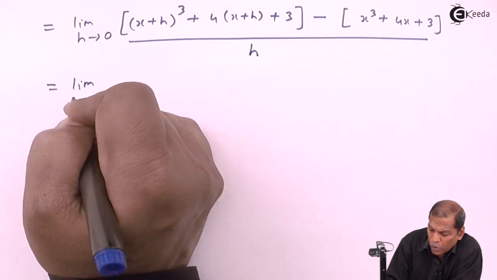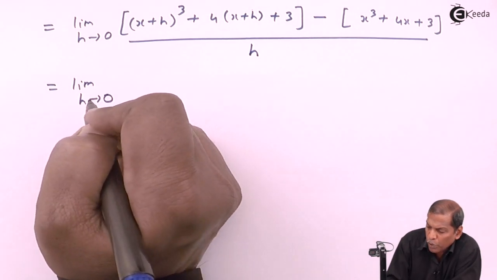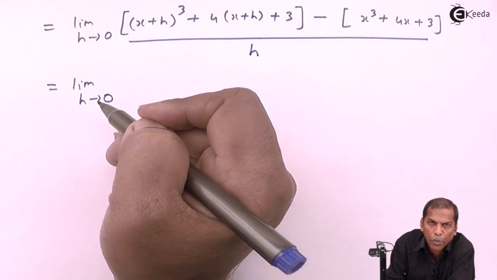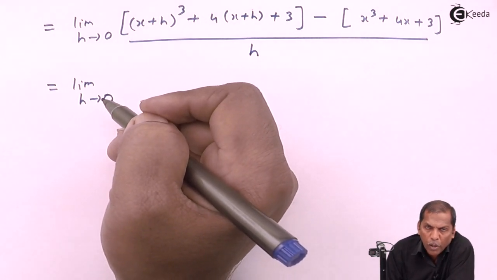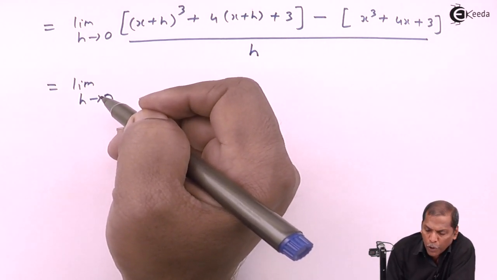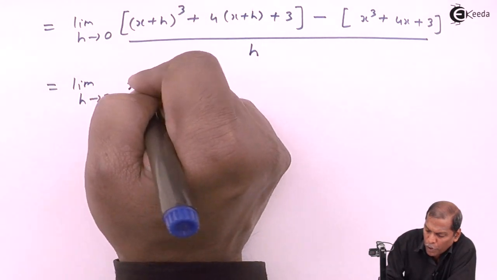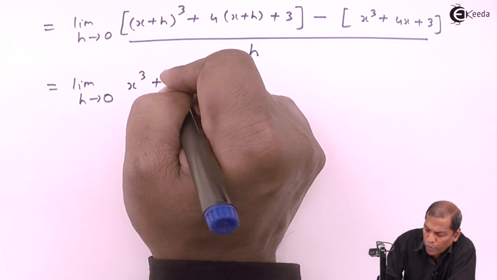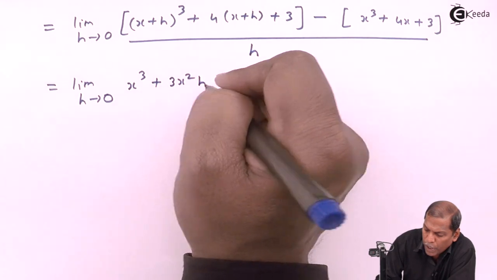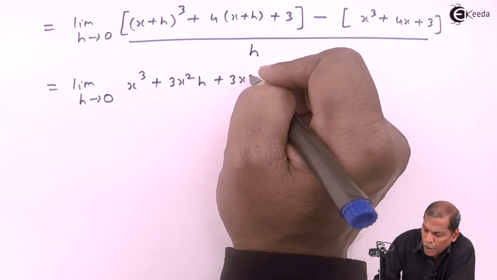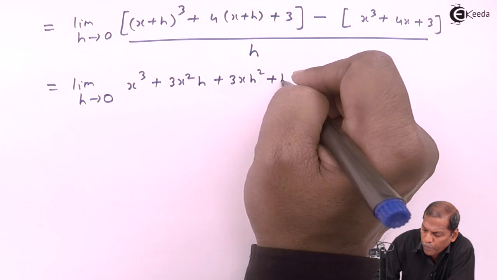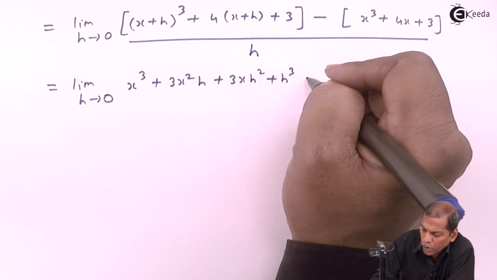So that equals limit h tends to 0. Now here we have to split up the bracket first by using a plus b whole cube formula. So by using that formula we have x cube plus 3x square h plus 3x h square plus h cube.